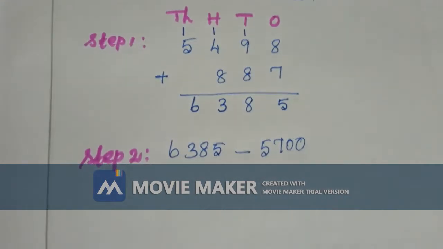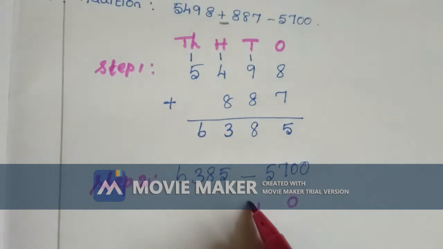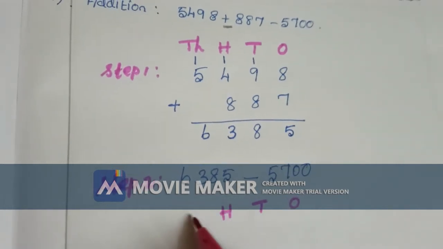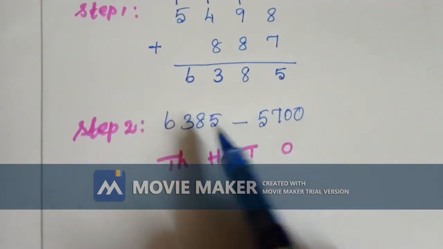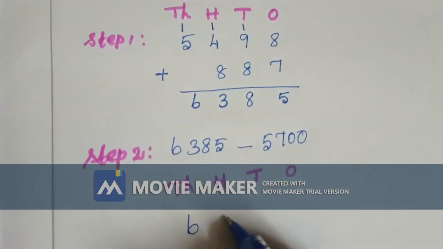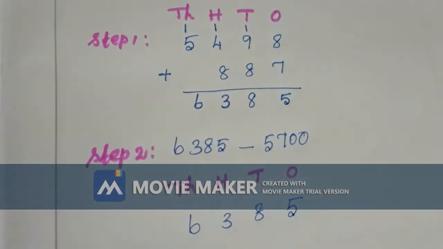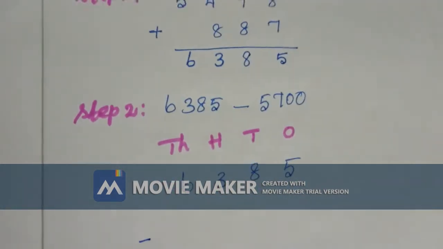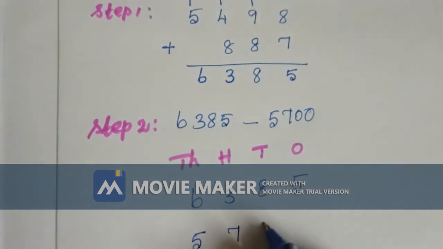These two numbers are 4-digit numbers. So first write the place value box: ones, tens, hundreds and thousands. Then write the bigger number, here the bigger number is 6385. Then write the subtraction symbol. Then write the smaller number, that is 5700.